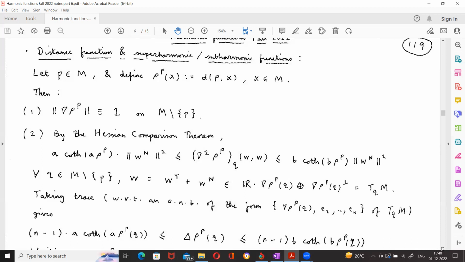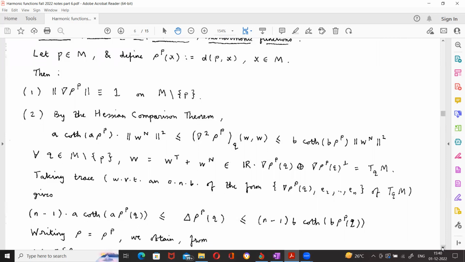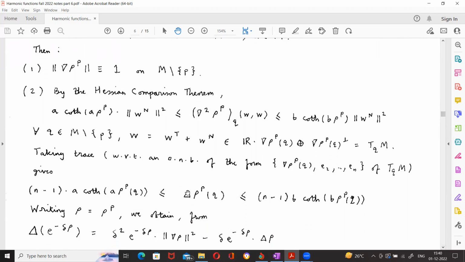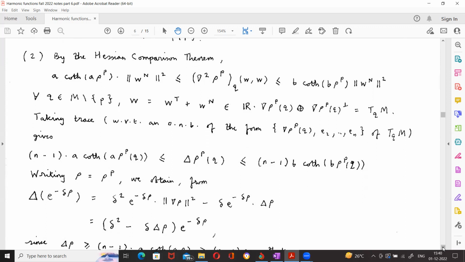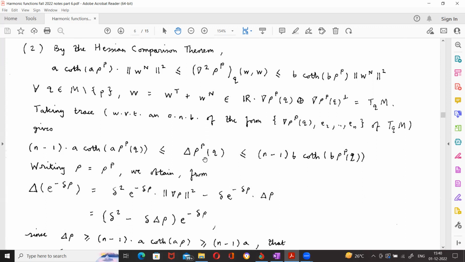And so you'll get that the Laplacian is bounded below by (n-1) a coth(a rho), and bounded above by (n-1) b coth(b rho). Is this clear? Yes, sir. Okay. So you have upper and lower bounds on the Laplacian of the distance function.